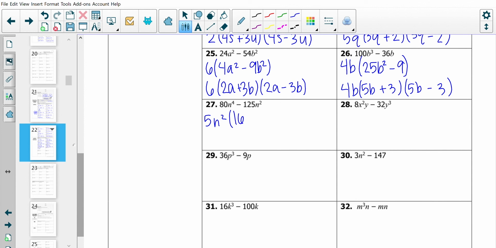When you take 2 of your n's out, you're left with n squared. 125 divided by 5 is going to be 25, and you took both of those n's out. So we have 5n squared. Square root of 16 is 4. Break that n in half. Then you have plus 5 minus 5. Try number 28 on your own.